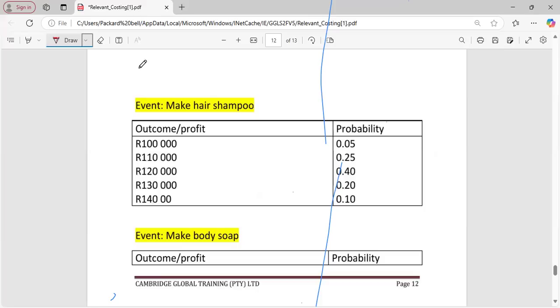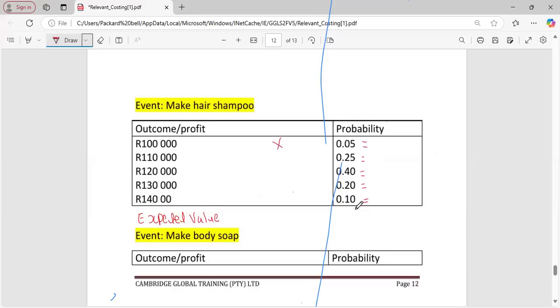So these are expected values. When you have a situation where you have the probability of each outcome, your expected value is going to be the total of these probabilities. You multiply by the probability for each outcome, and the sum is going to be your expected value.